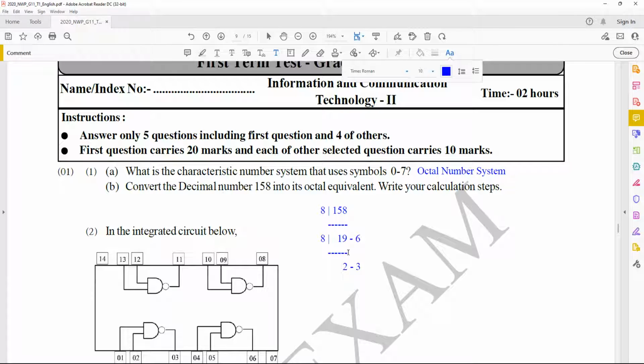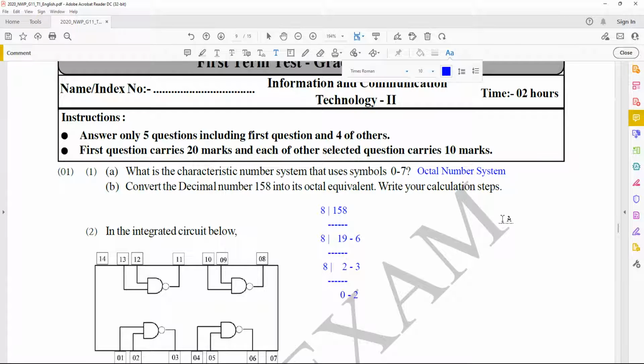Again, you can divide by 8, so 0 and 2. So this will be 0, remainder is 2.